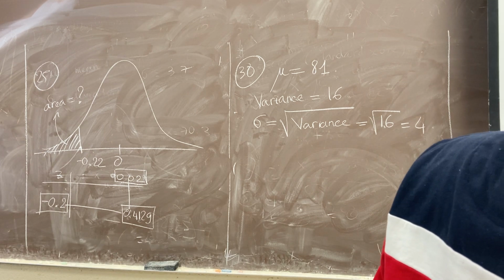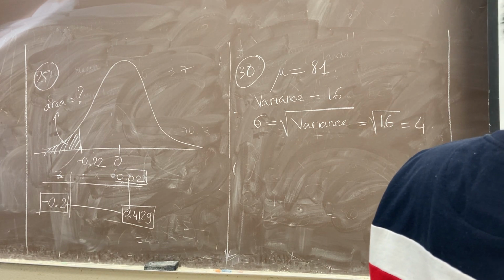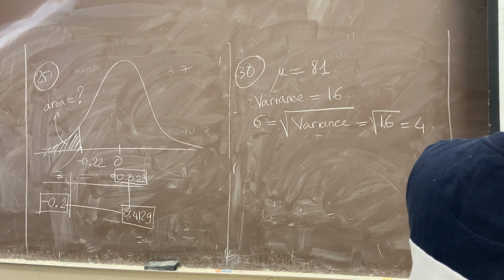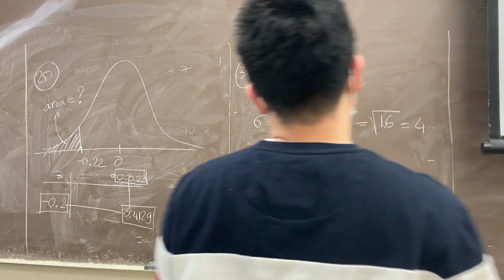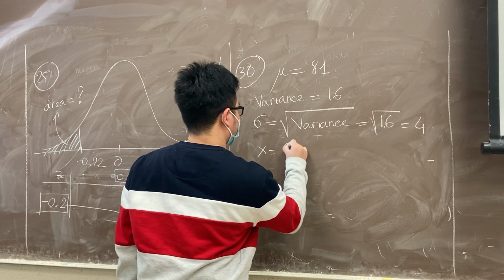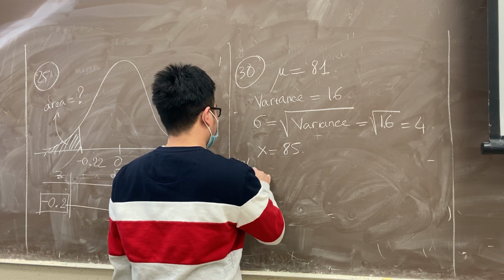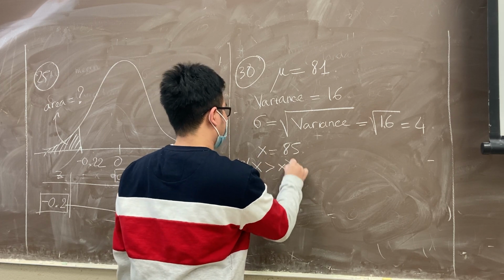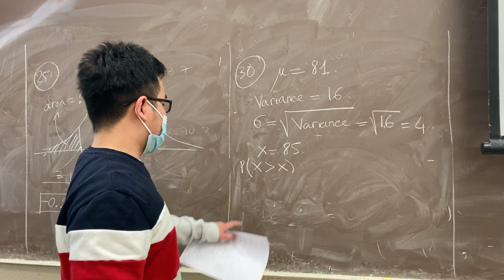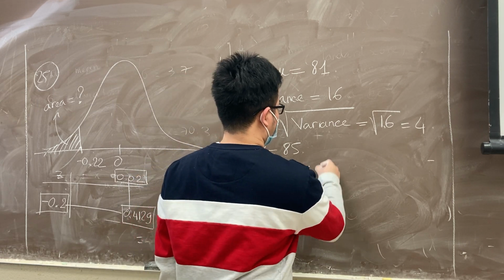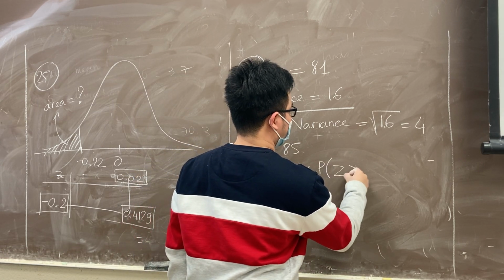Then the question asks you to find the probability that the diameter selected is greater than 25 here. x here is 25. So the question asks you to find the probability of X greater than x, right? As you know, the probability of X greater than x should be the probability of Z greater than z.